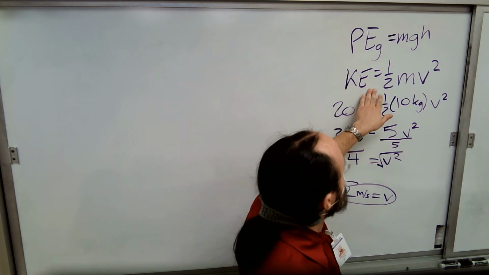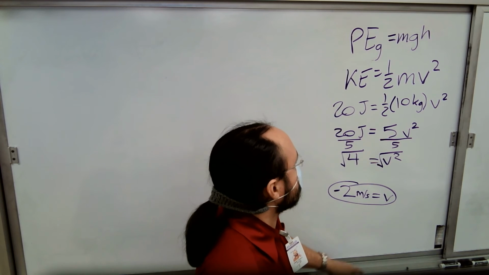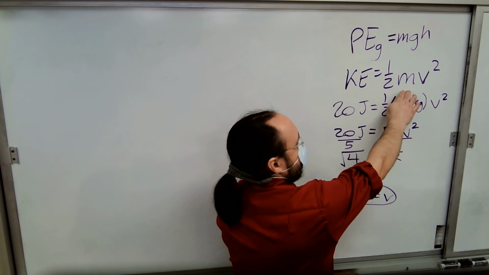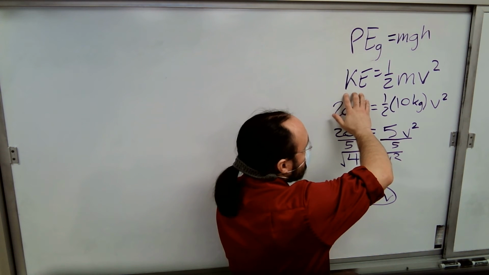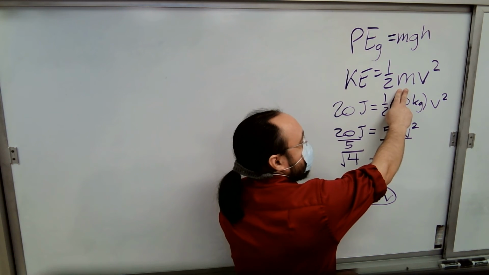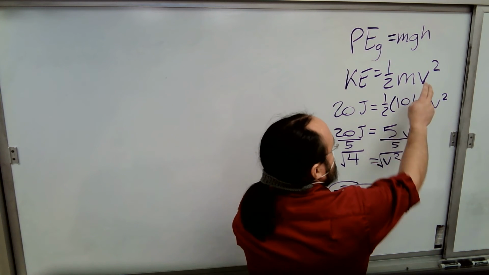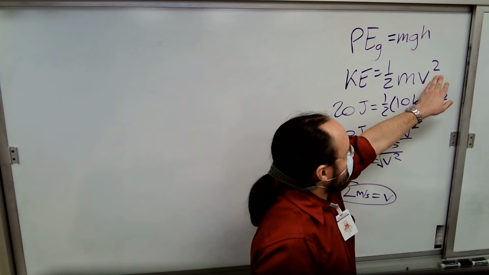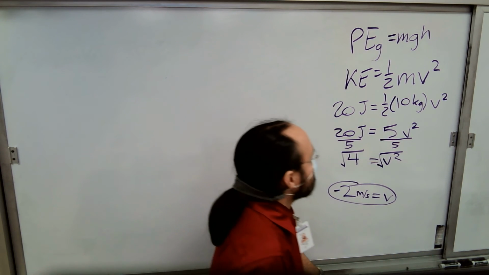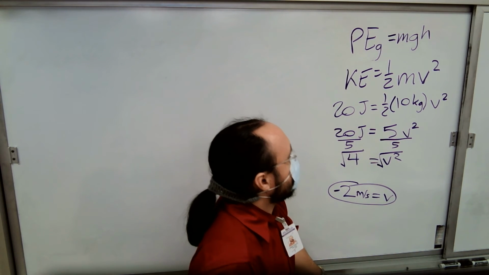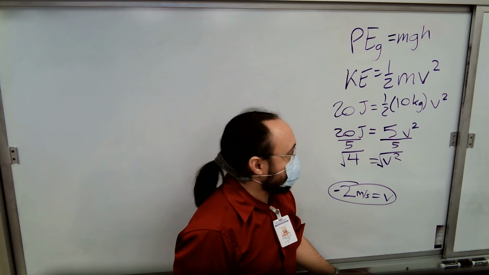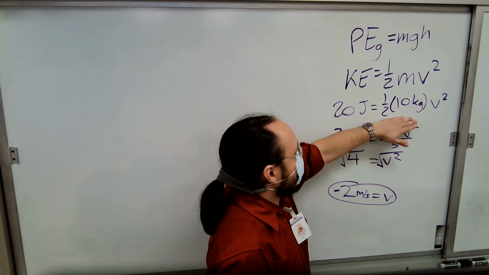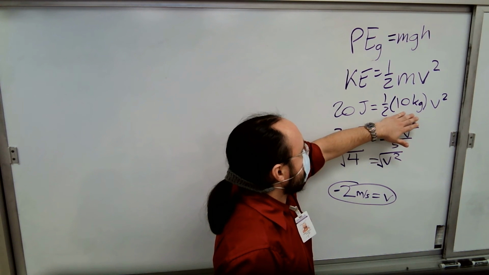Yesterday we started doing the KE stuff. You'll either solve for KE or you'll solve for mass. KE is energy in joules again. Mass is in kilograms and velocity is in meters per second. Don't forget this squared. Whenever it asks you for velocity, and it'll do that quite a bit, plug everything in and then simplify. 1/2 times 10 is 5.